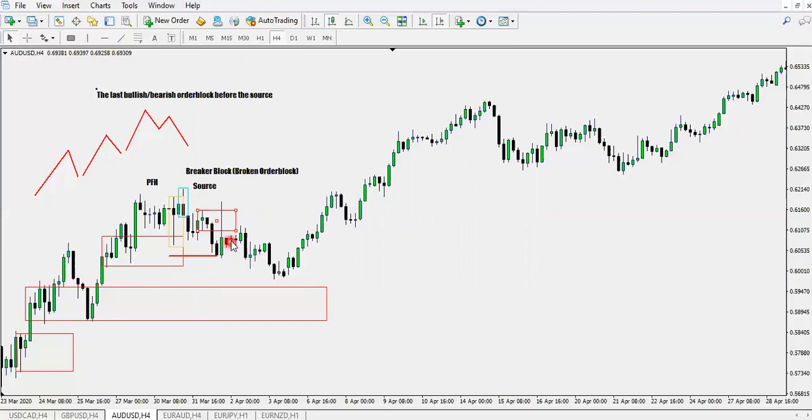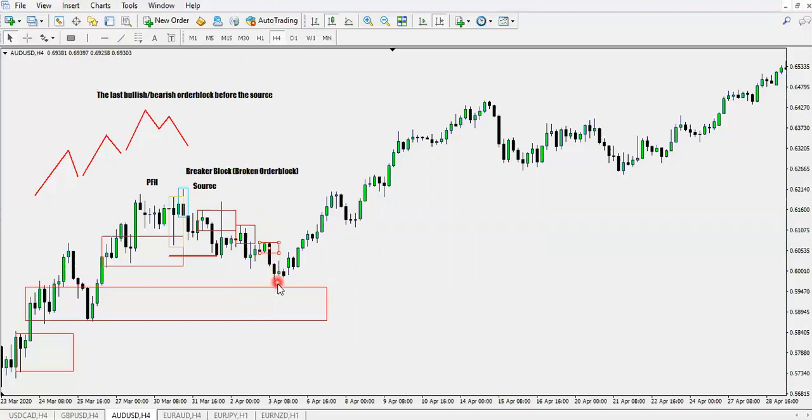So it traded sideways, and we can see over here another bearish order block was created. When this bearish order block was created, this move to the downside happened, a retest of the order block, and another order block was created over here.